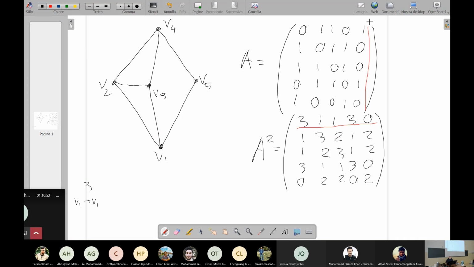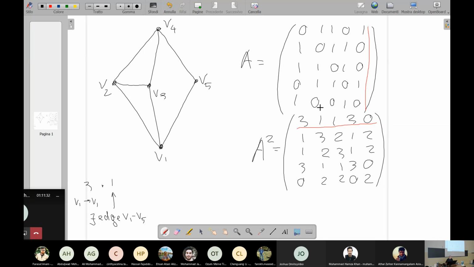So let's write here 3, V1 to V1, times this one. This means there is an edge V1, V5. And so 1, 2, 3, 1, 2, 3, and 1, 2, 3 gives me 3 walks going through V1.